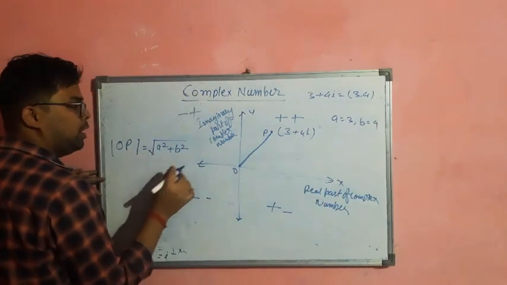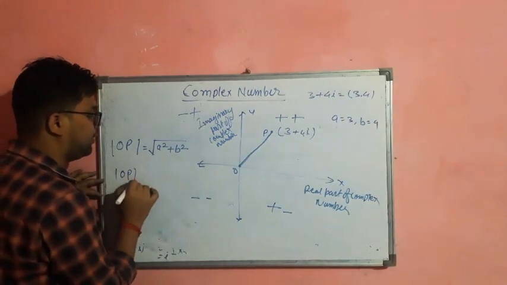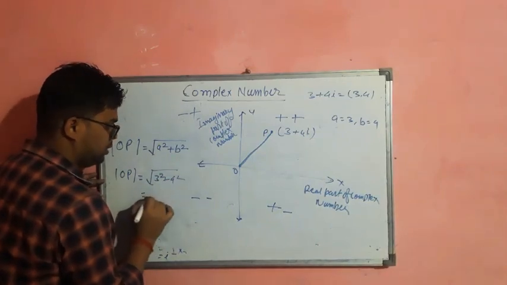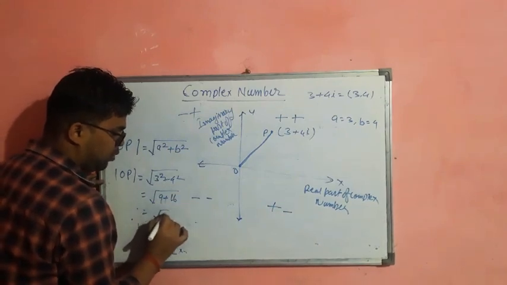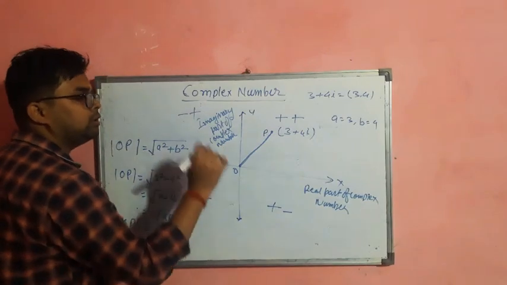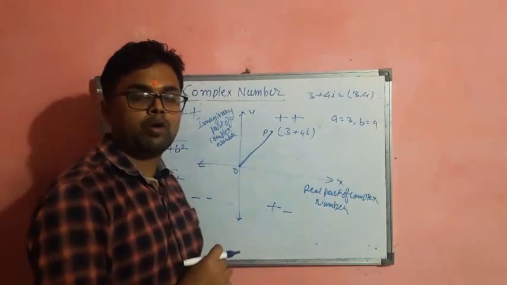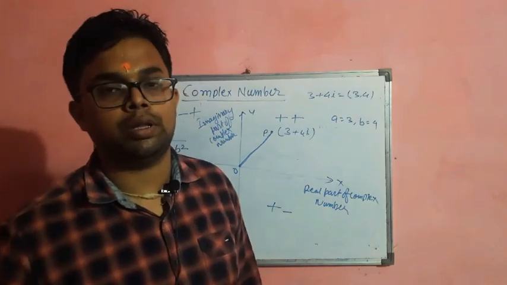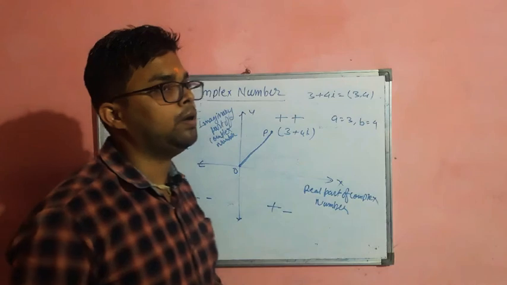So the modulus will be the square root of 3 square plus 4 square, that is 9 plus 16, root 25, which is equal to 5. So the modulus of this complex number is 5. Understood? Modulus tells how much distance that particular complex number is from the origin. In this way we can find the modulus of any complex number.